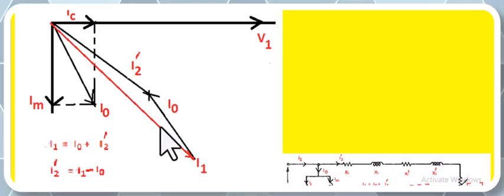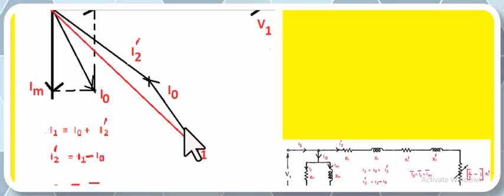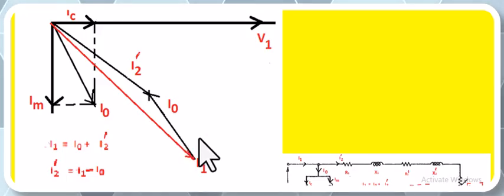Because I1 is the vector sum of I0 plus I2 dash, to get the I2 dash position we write the equation I2 dash is equal to I1 minus I0. To get that minus I0, draw a vector at the tip of I1 backwards, parallel to I0 and equal to I0, and then join the line from here to here, and that becomes I2 dash. So this completes the vector diagram of the three-phase induction motor using the equivalent circuit.